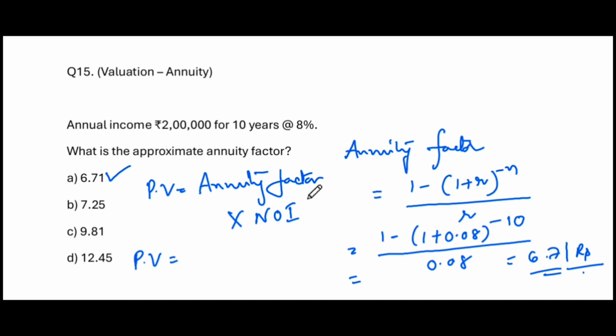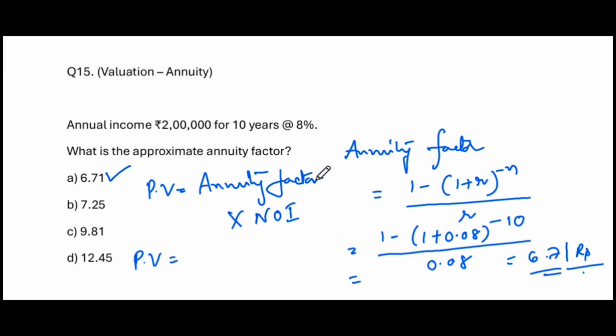We discussed this. It is the worth of the property considering the future regular consistent annual income at the rate of return of 8% upon the investment today. So this present value is the years purchase.